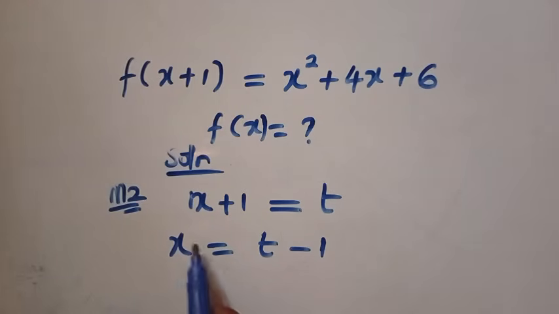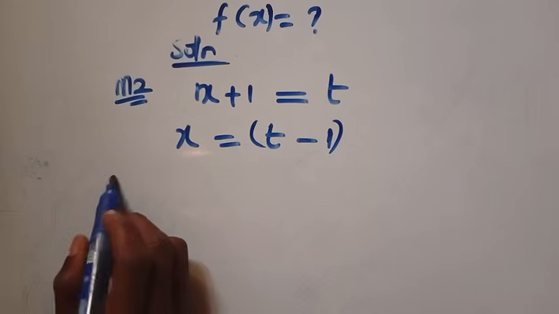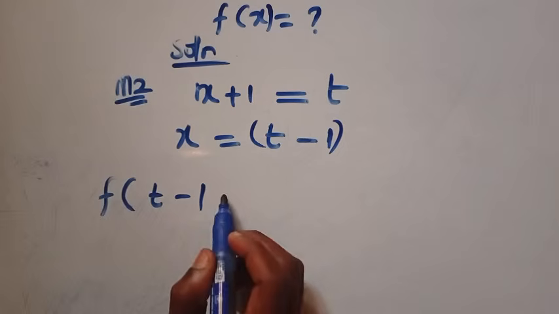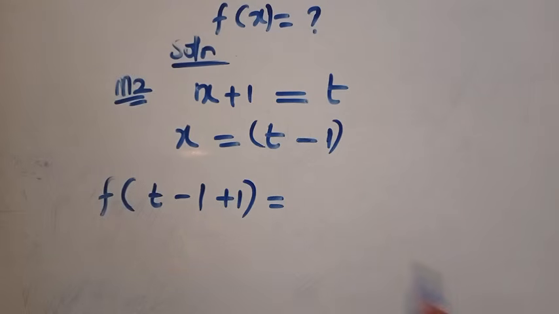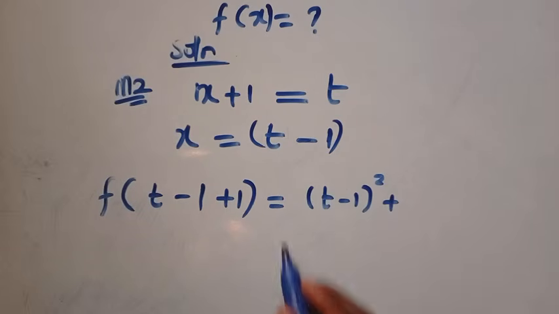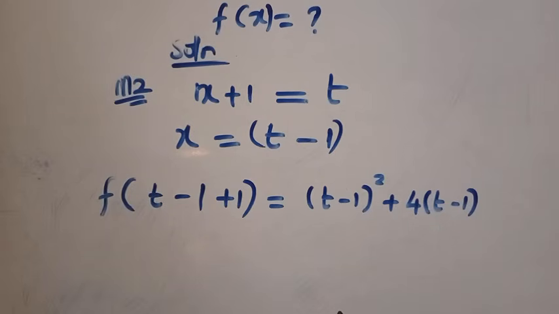So if I substitute this t minus 1 into this equation, we are going to have f of t minus 1 plus 1 equals, for x squared, that gives us t minus 1 squared, plus, for 4x, that gives us 4 into bracket of t minus 1, then plus 6. So we have to get the same answer as the first method. Plus 1 minus 1 cancelled.